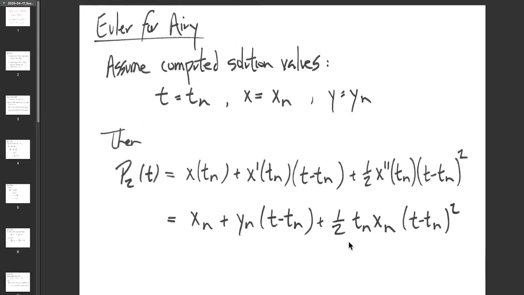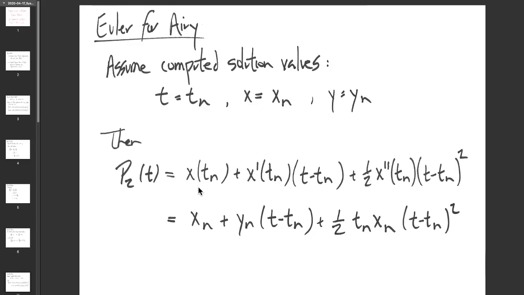Okay, so how do we use this to construct Taylor polynomials? Well, think about Euler's process. At a given stage, I'm calling, let's say, stage n, you've got a current time value, a current solution value xn, and a current solution value for y, yn. Now remember, xn means the solution x evaluated at time t sub n, the current time.